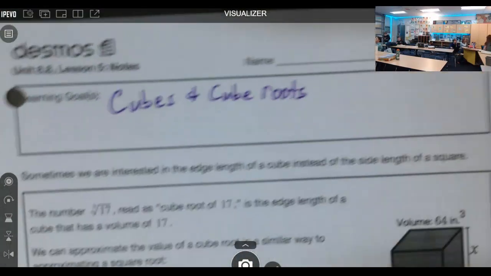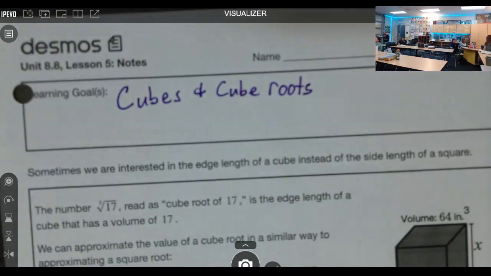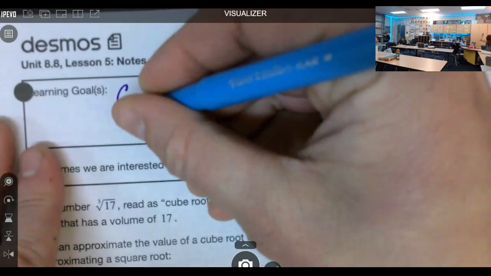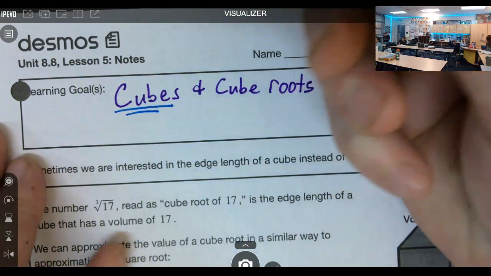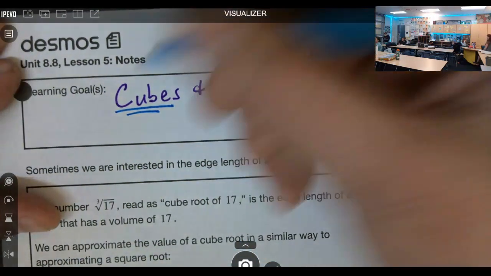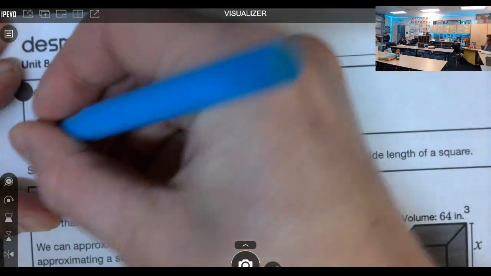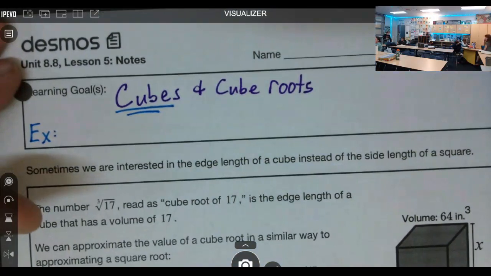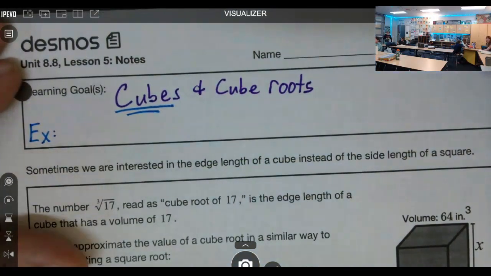So what do you think it means to cube something? I will take a volunteer. What does it mean to cube something? Cora, what do you think? So, okay, what does that mean if you were to try to draw that out to explain to somebody?